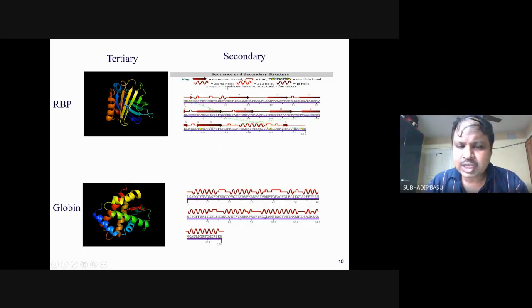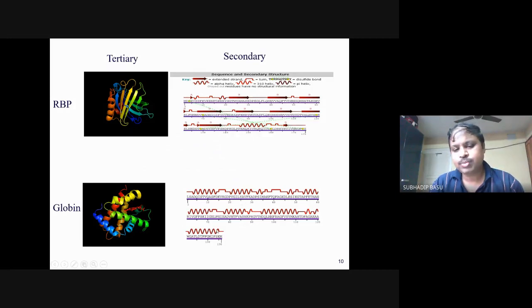In general, whenever you have ups and downs, these are called helical structures. The grayed out residues have no structural information. That is a significant part, as you can see, that does not have significant structural information. In some cases there is more structural information and fewer grayed out parts.